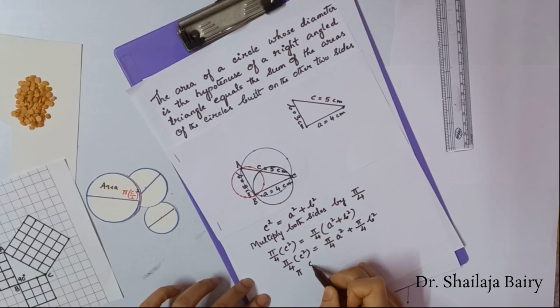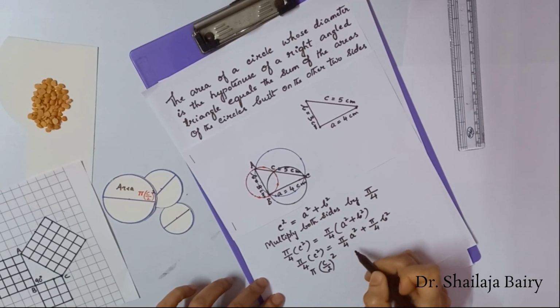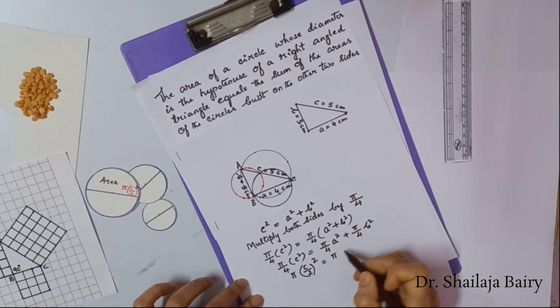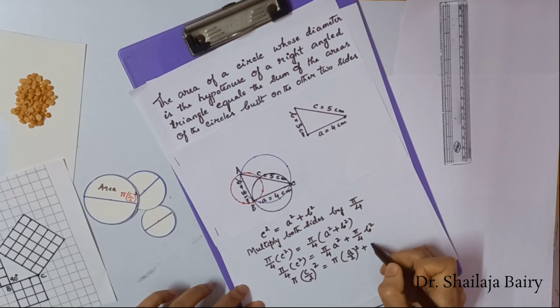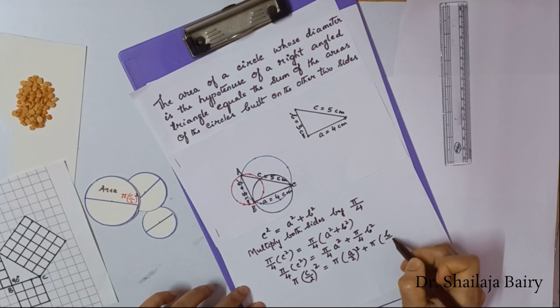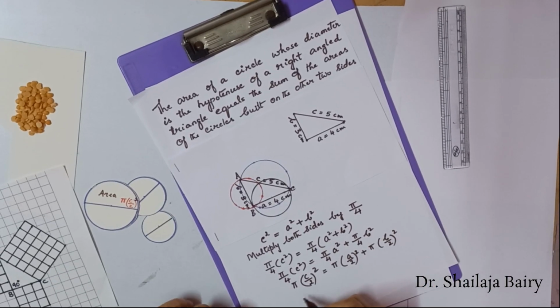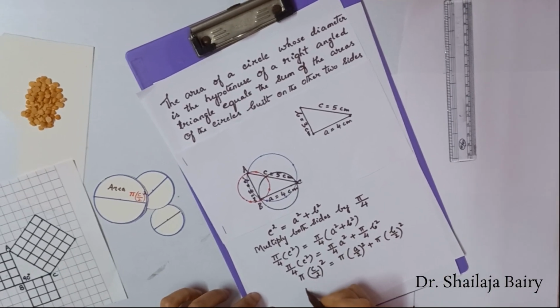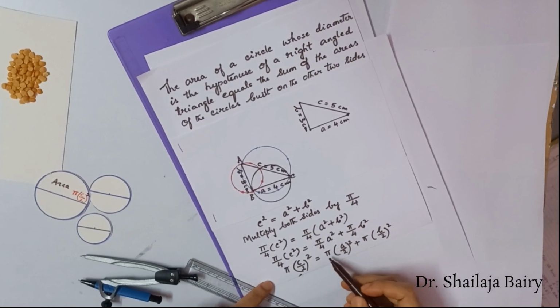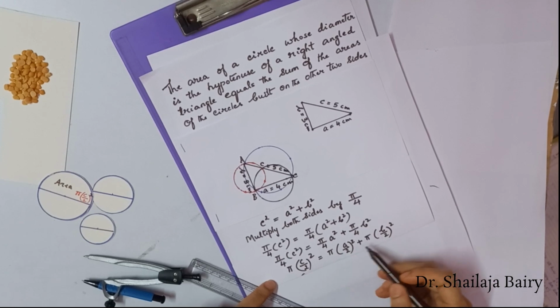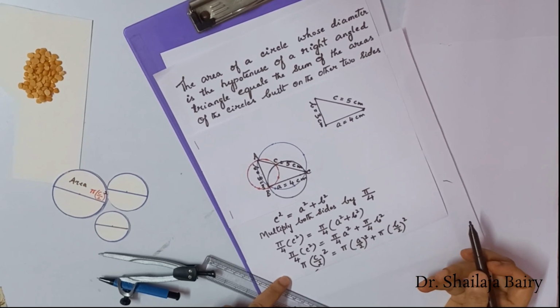Pi into c by 2 whole square is equal to pi into a by 2 whole square plus pi into b by 2 whole square.